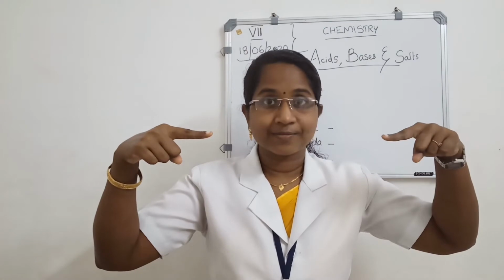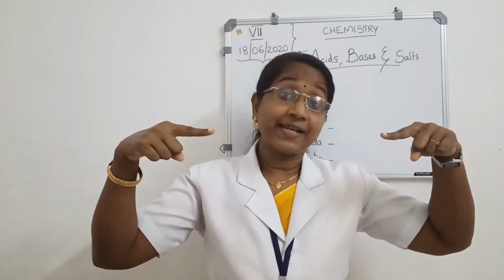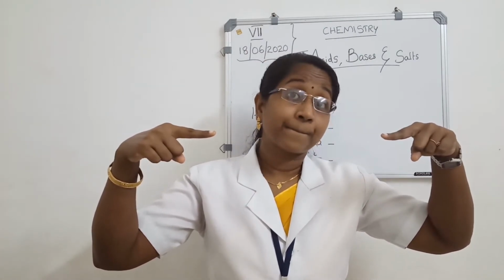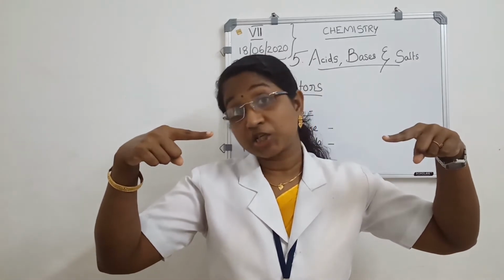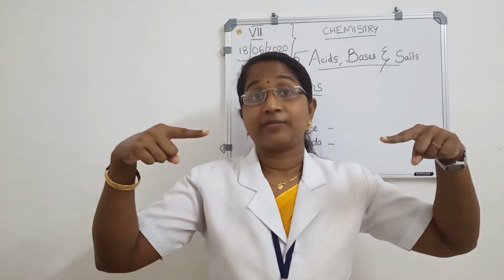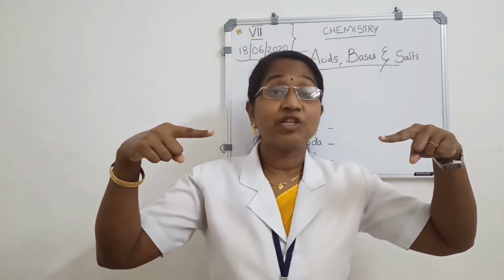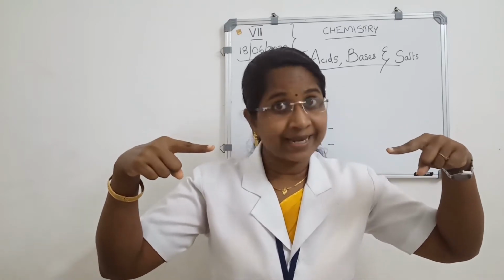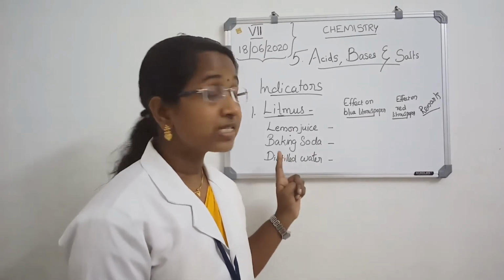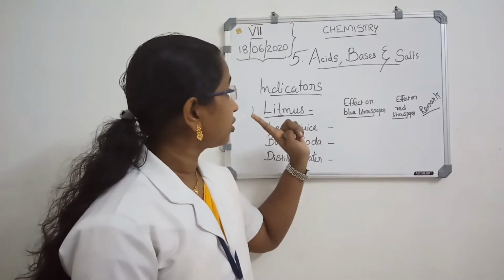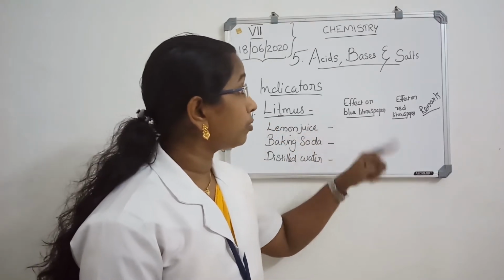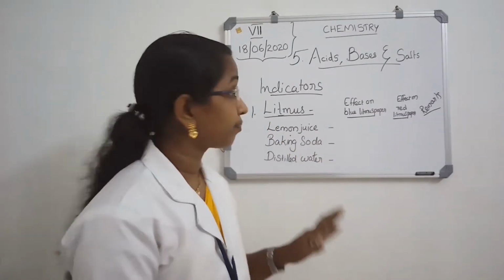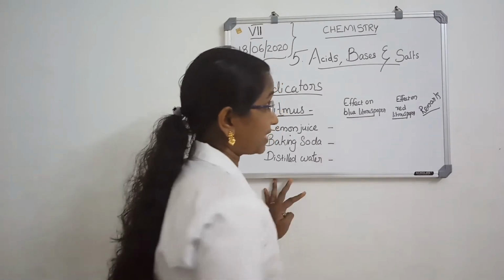That means in acidic solution, blue litmus paper changes to red. So, lemon juice is acidic. In this case, what is the effect of lemon juice on blue litmus paper?